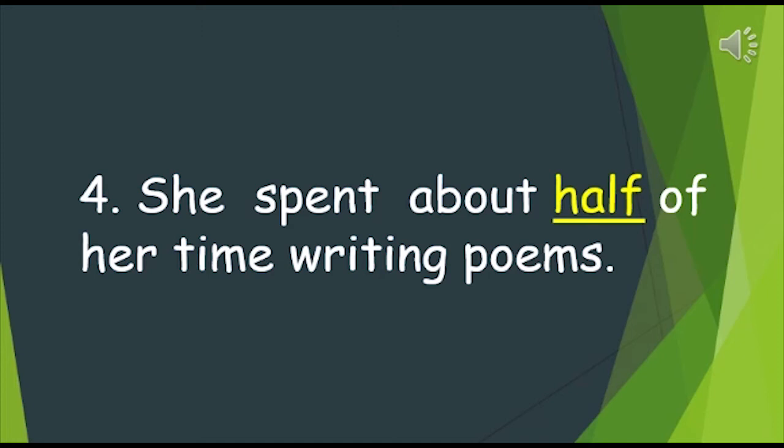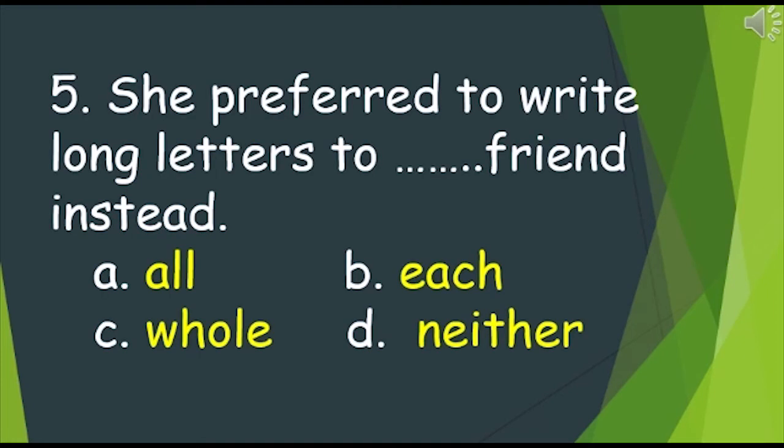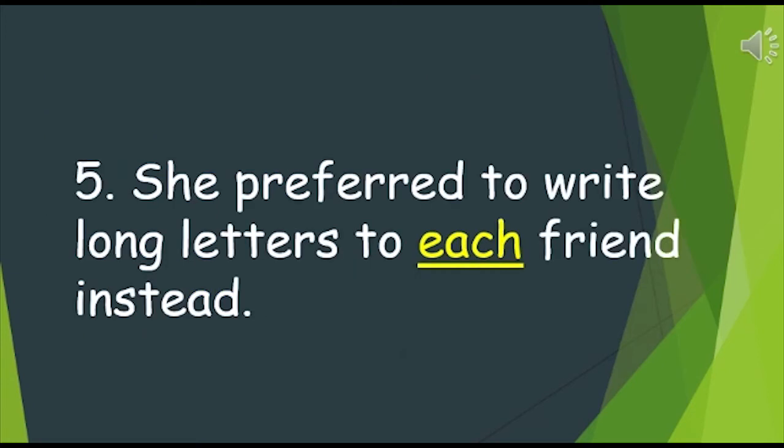She preferred to write long letters to each friend instead. All, each, whole, neither. Each refers to one member of a group. Each friend. We chose each because it is followed by a singular noun, as you can see.